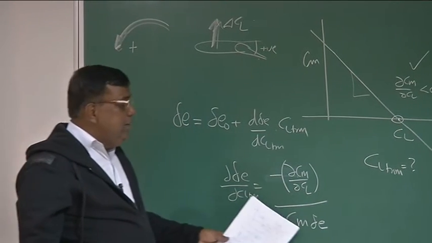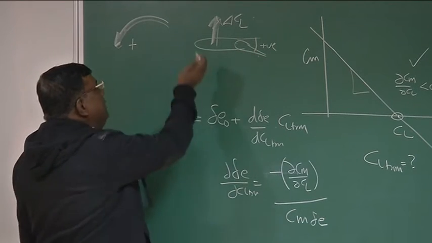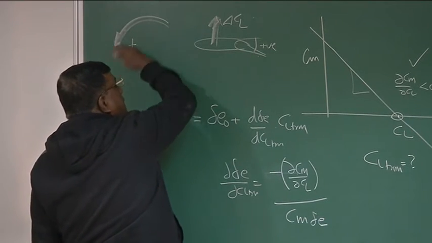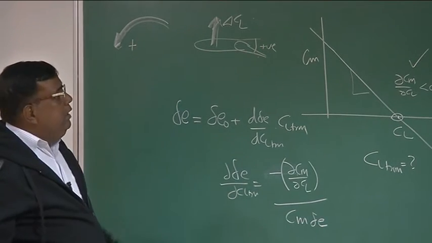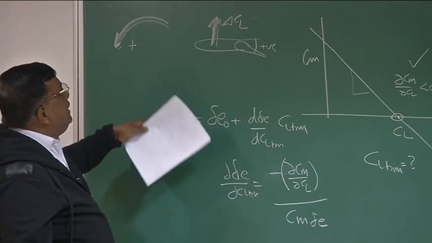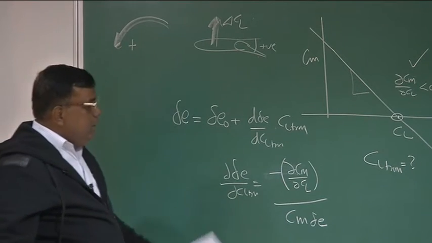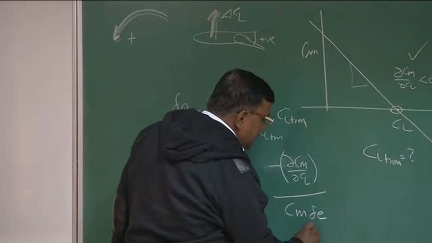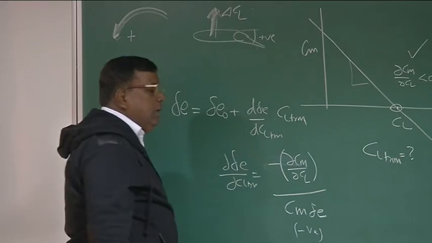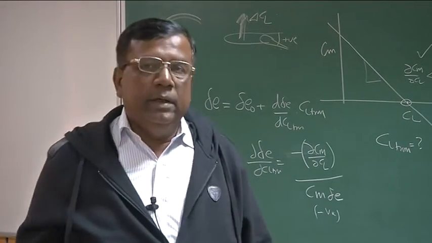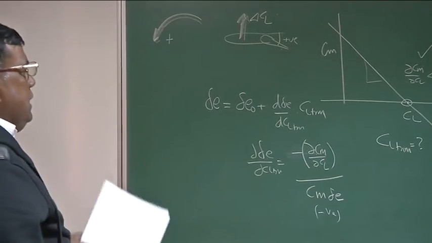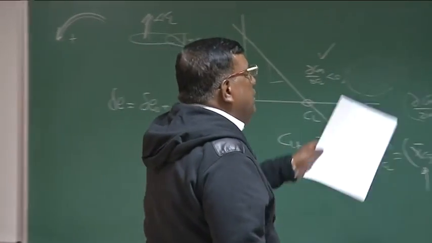That is why dCm by d delta E, the pitching moment generated because of positive delta E, has a negative sign. So the sign of Cm delta E is negative, and this is also called the elevator control power. Now with this understanding, we'll try to solve this problem.